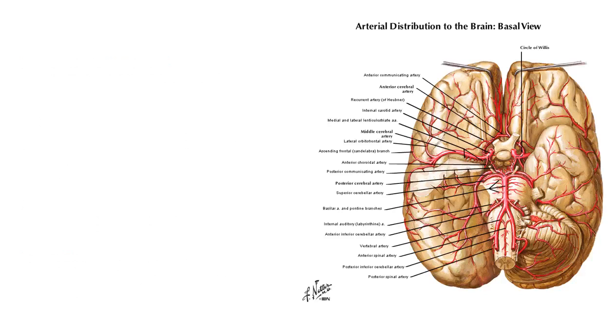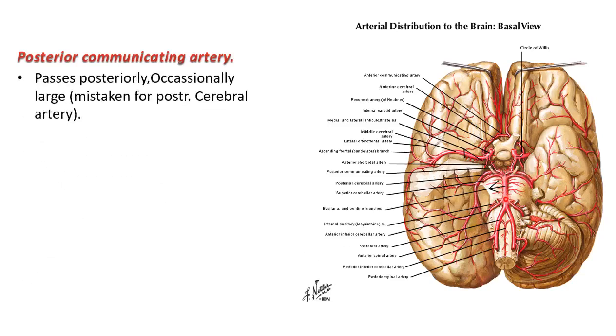The next artery which we are going to discuss is the posterior communicating artery. Here you are able to see from the internal carotid artery, one artery passes posteriorly, and that is called the posterior communicating artery, which will anastomose with the posterior cerebral artery. The posterior cerebral arteries are the two terminal branches of the basilar artery.